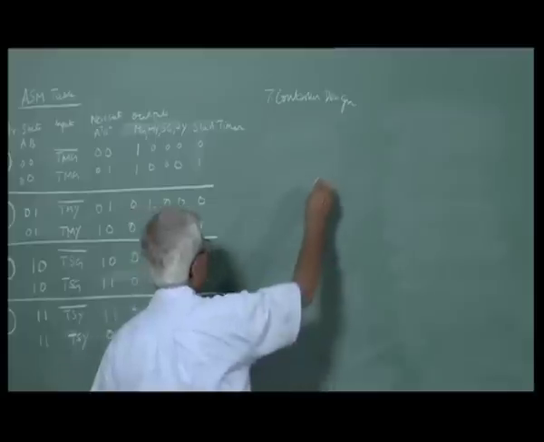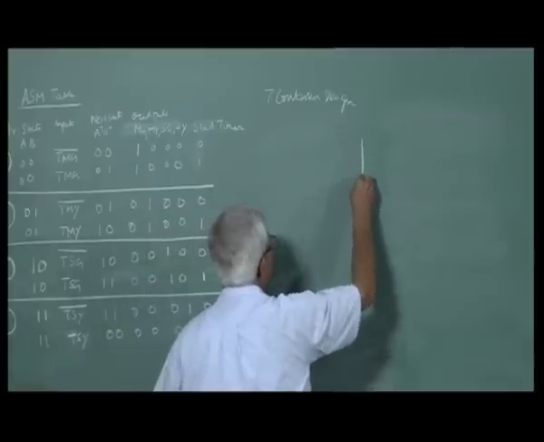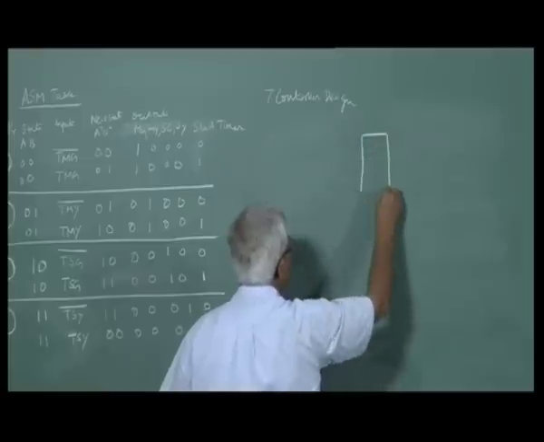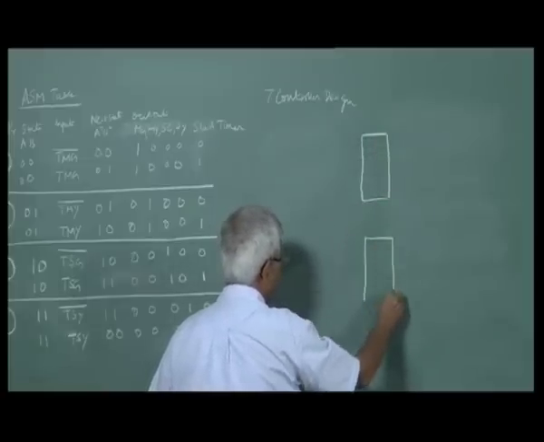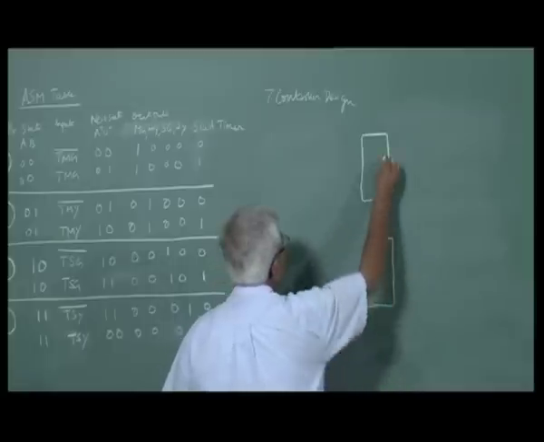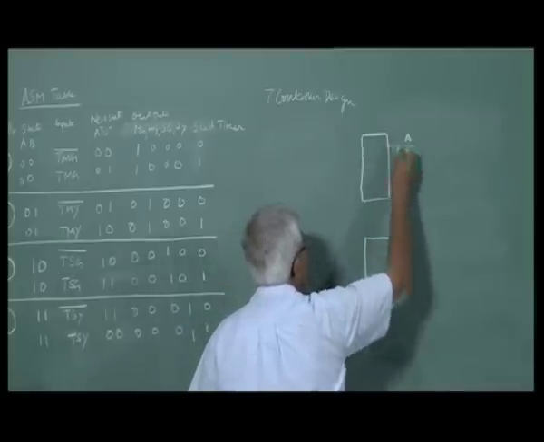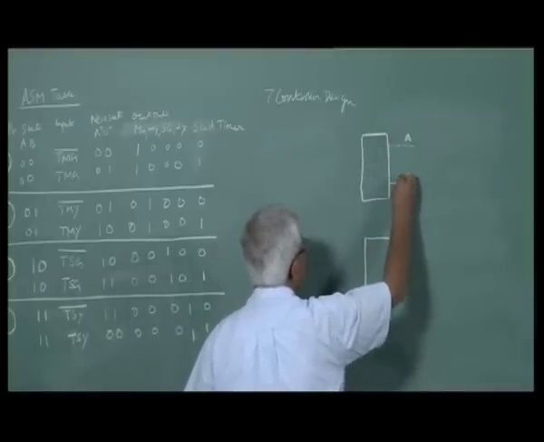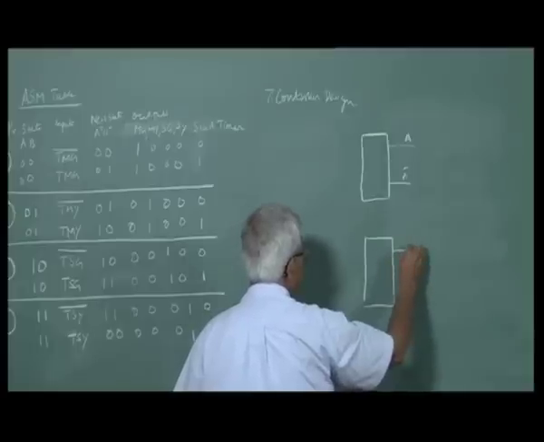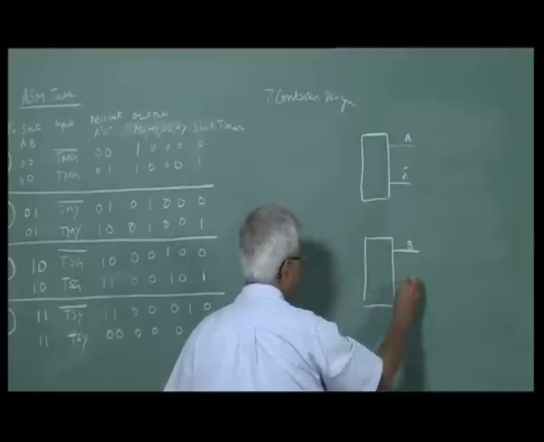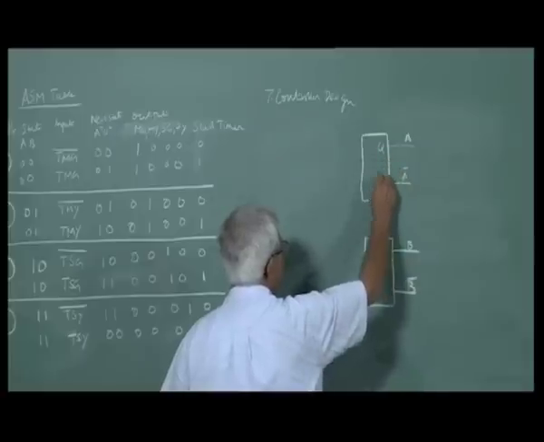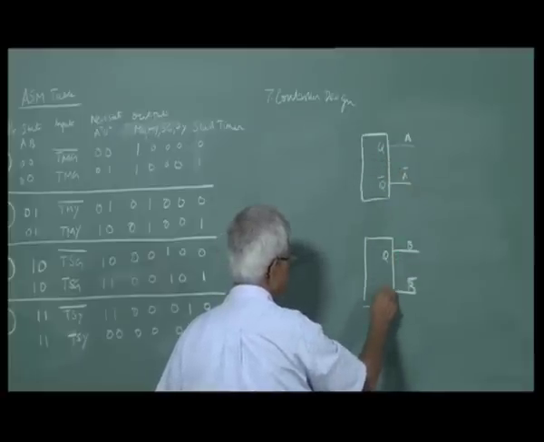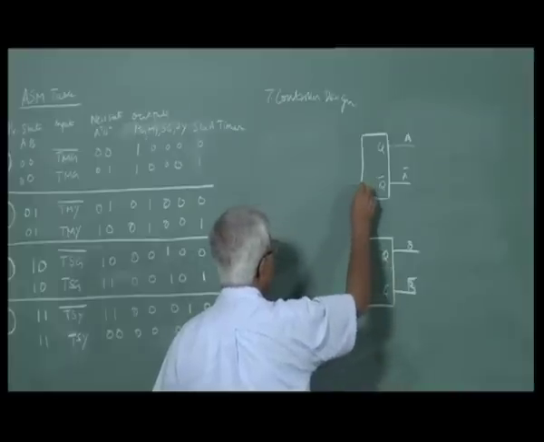So here we have 2 flip-flops, flip-flop 1 and flip-flop 2. We'll call it flip-flop A, A bar, B, B bar, clock.